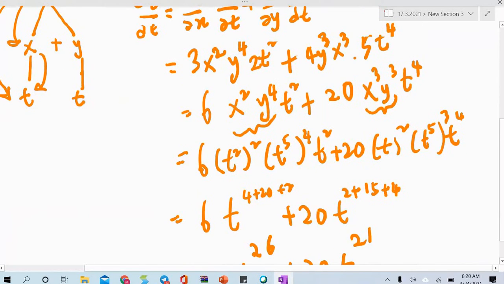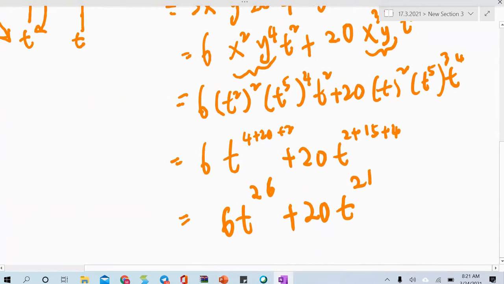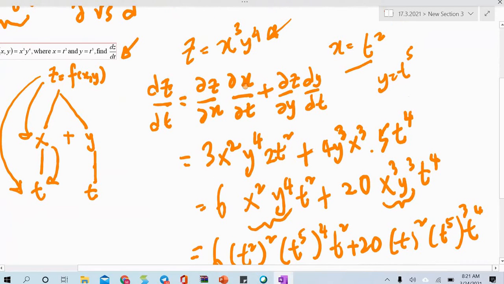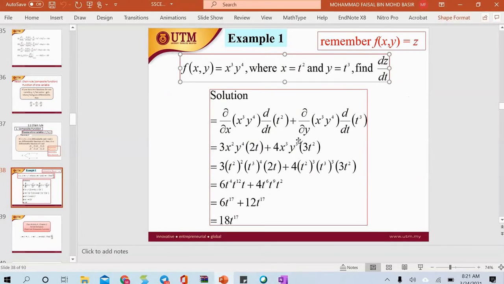You should put t squared in brackets, then power 3. See here, ∂x/∂t should be 2t, not t squared. Yeah, this is wrong. If you differentiate, dx/dt should be 2t. There is one wrong. Another one is 4x. We have 3t squared. Okay, see why.